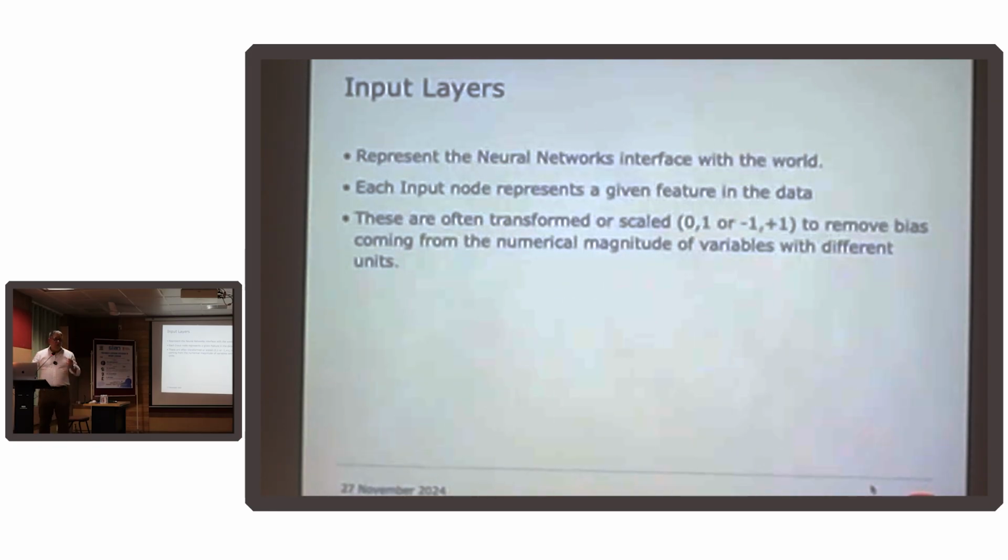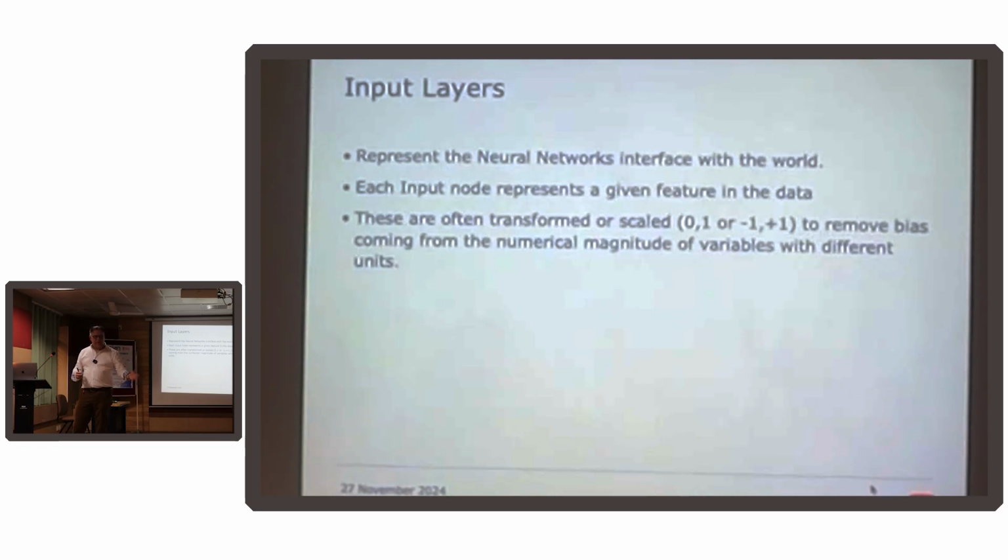Now we can transform or scale those values. What we often do is scale them to between 0 and 1 or between -1 and +1. I talked a bit about this yesterday. The reason we do that is because different things have different ranges. If we looked at 20 scientific measurements, they would all have different units.